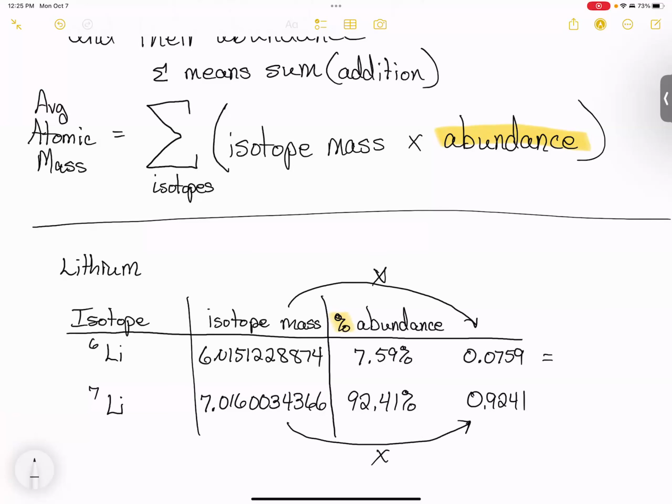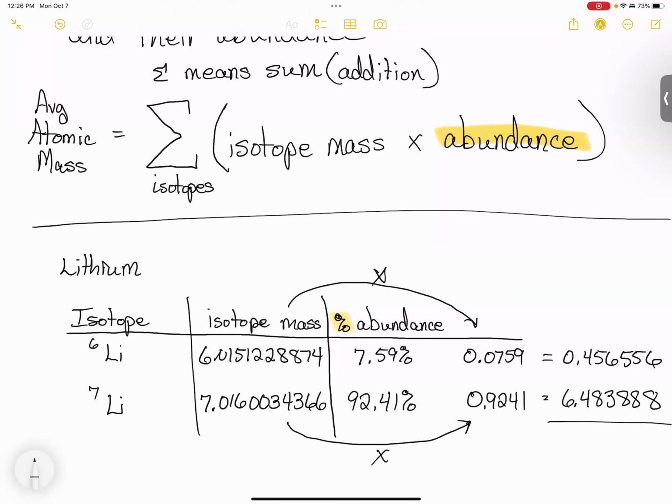So 6.0152288874 times 0.0759 is 0.456556. And 7.0160034366 times 0.9241 is 6.483888.